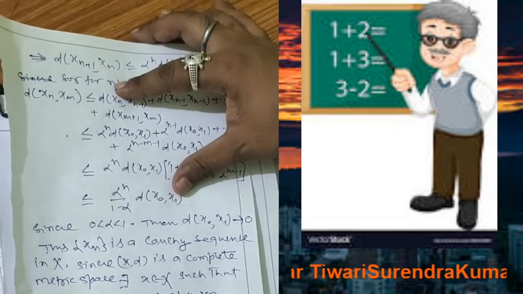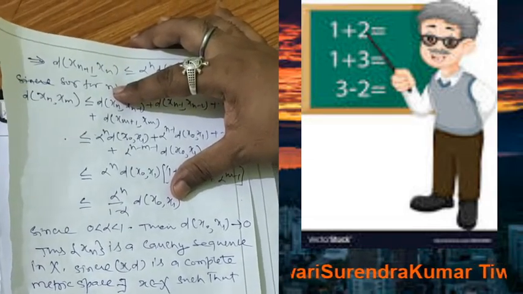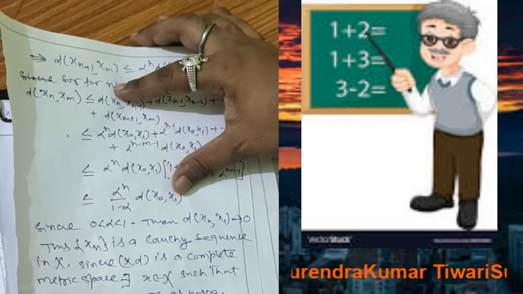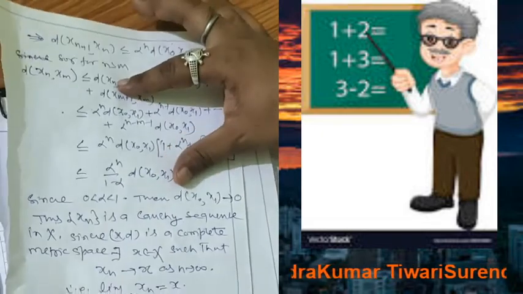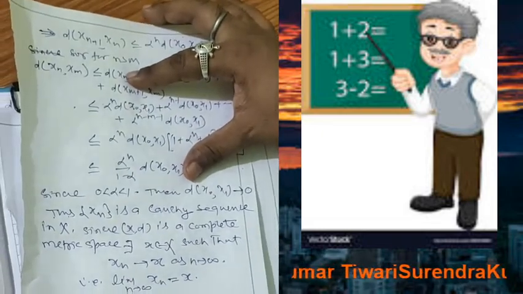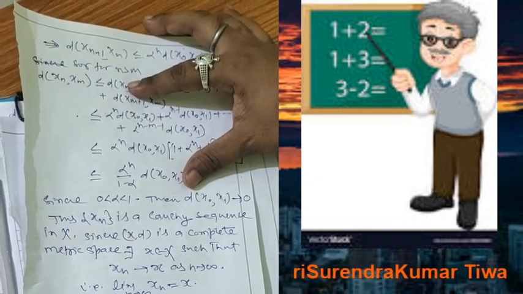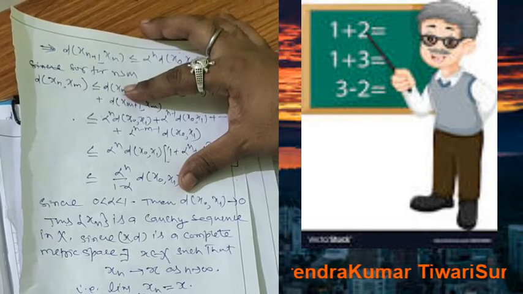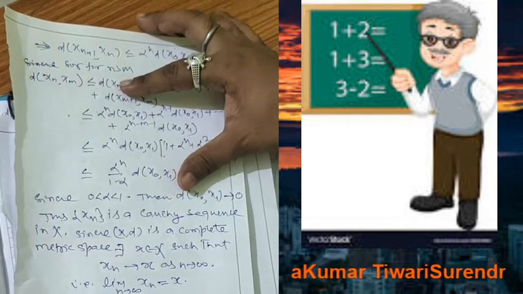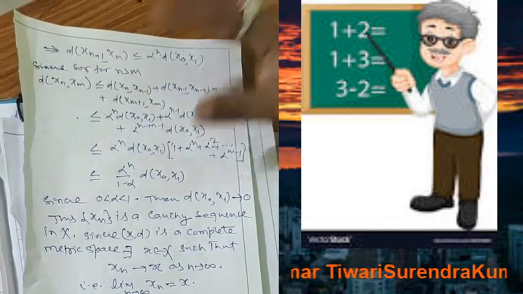That is, limit of xn as n tends to infinity is equal to x. Also, given that T is a contraction mapping, and every contraction mapping is continuous, T is continuous.